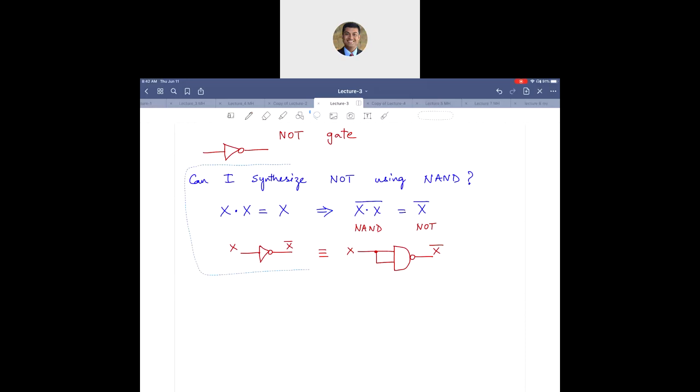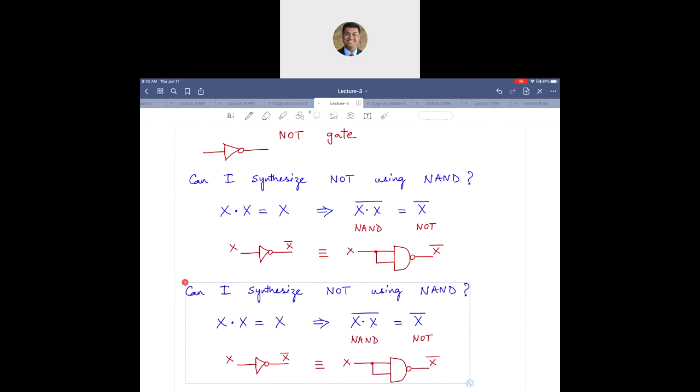So let me copy this entire thing and paste it over here and write the equivalent statements for NOR. This becomes NOR. All right, so this becomes OR.